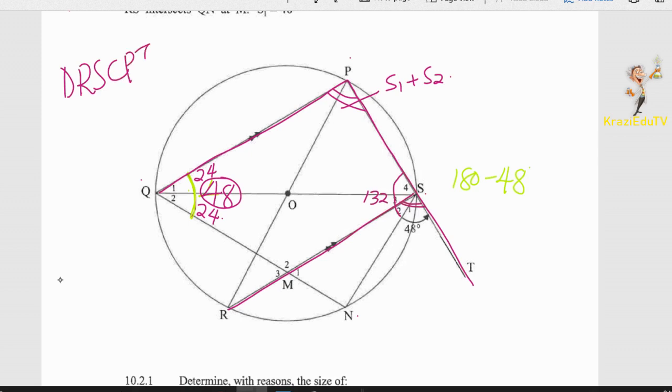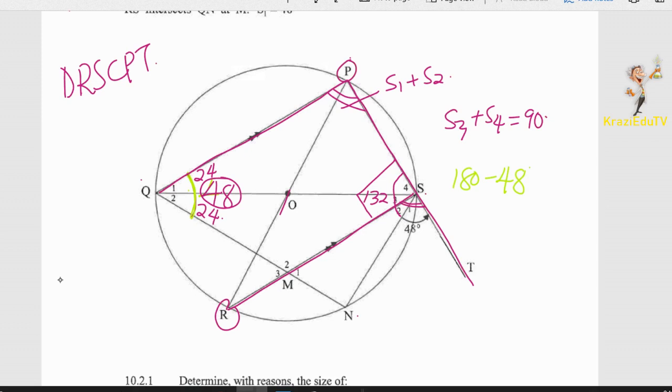So if I have that, we're given that this line PR is a diameter. Do you notice it subtends an angle here which is 90 degrees? So S3 plus S4 equals what? 90 degrees. Angle in a semicircle.